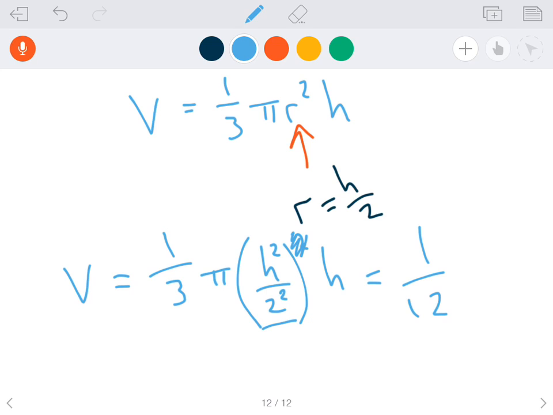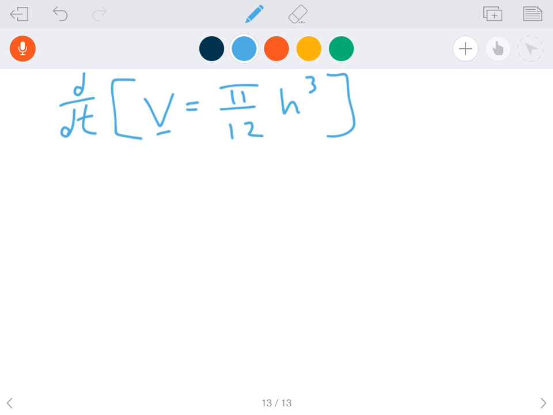So that's 1/12 times pi h cubed. That looks like it'll be nice to take the derivative of, and it'll give me the information that I need. So let's do that. I have V equals pi over 12, keep our constants together, times h cubed, and I want to differentiate it with respect to time.